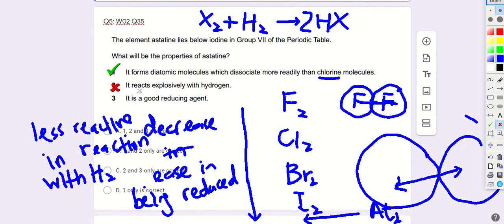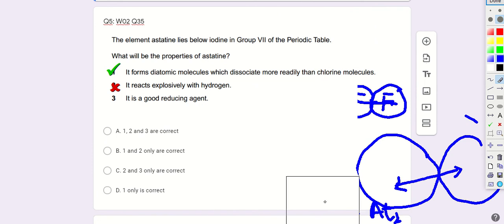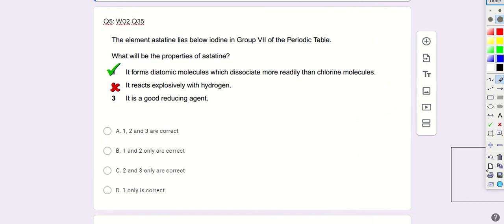Number 3, astatine is a good reducing agent. Now this is not correct. If astatine is a good reducing agent, that means astatine can be easily oxidized.